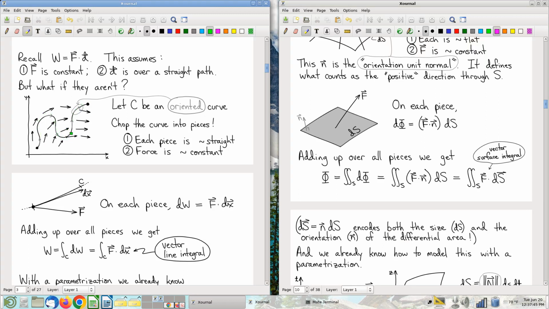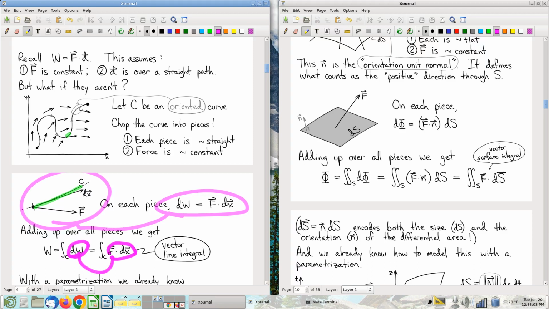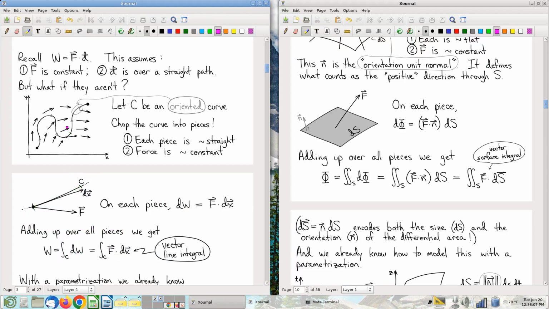On each little piece, you can make a simple argument and say f is approximately constant, and the piece is approximately flat, and f dot dx, computing work and all of that, and then you just plug that in. But we had to recognize that the integral that we get as a result is fundamentally different.